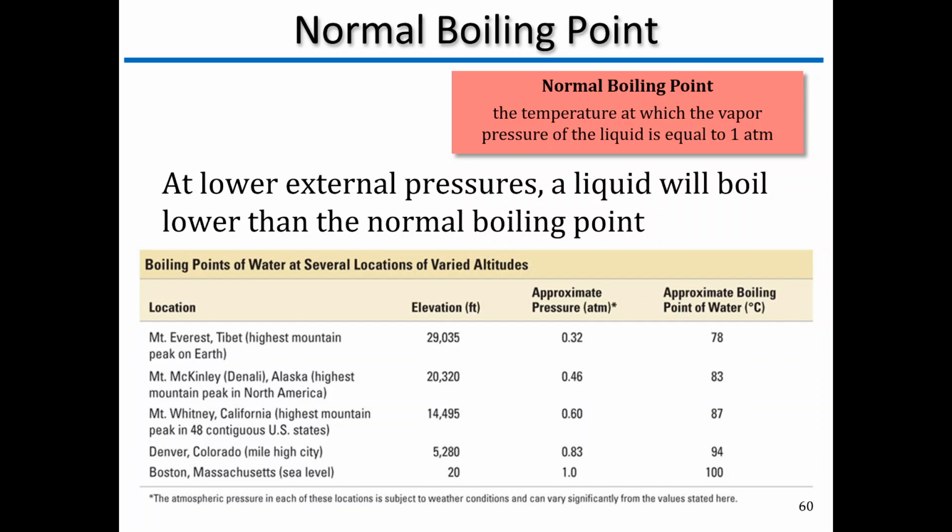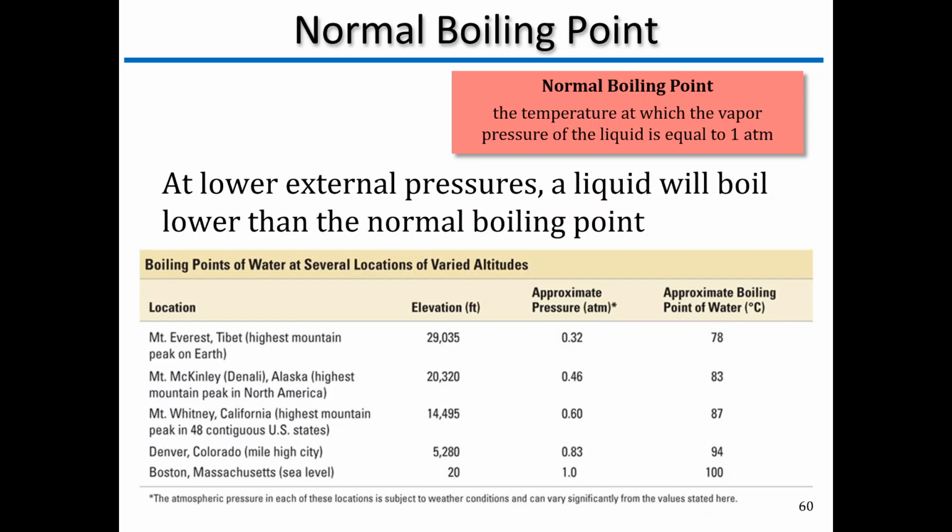What we notice is that if we go up in elevation, starting from the highest, Mount Everest, we have approximately 0.32 atm. That's lower pressure than if we come all the way down to sea level, or maybe 20 feet above sea level, where we have a pressure of 1 atm. So our boiling point at high elevation, where we have lower pressure, is lower.